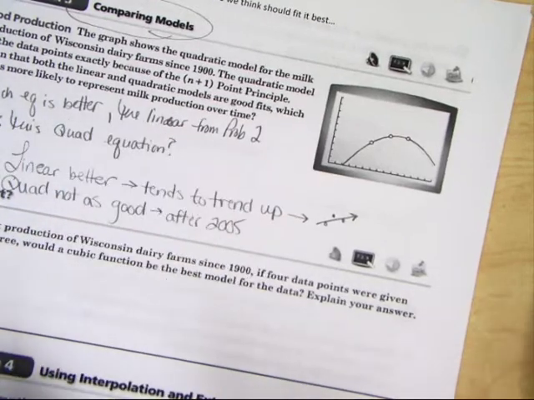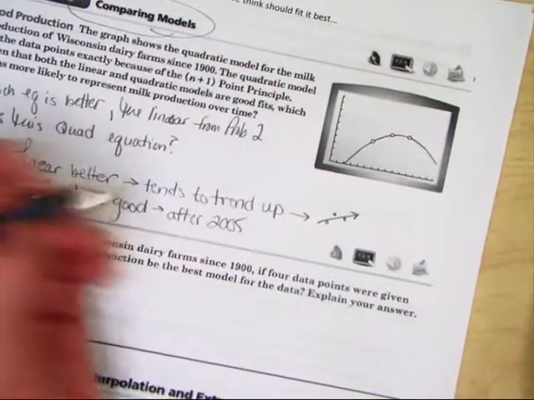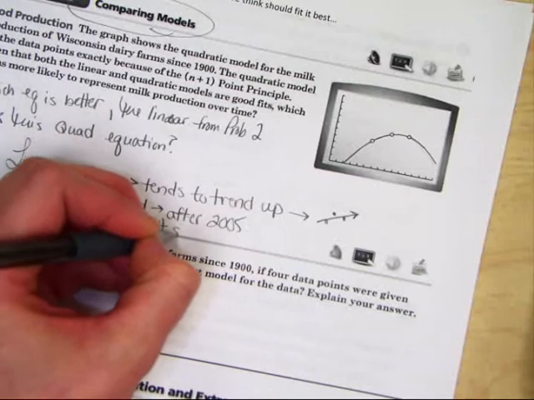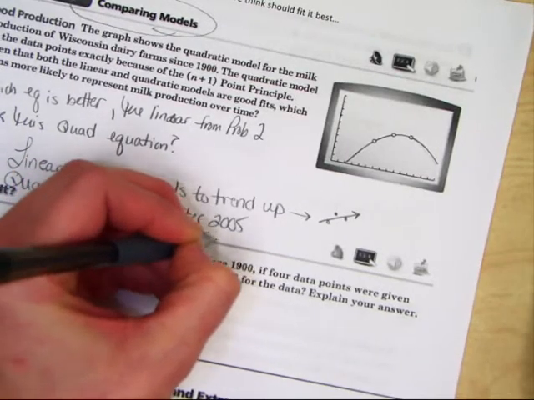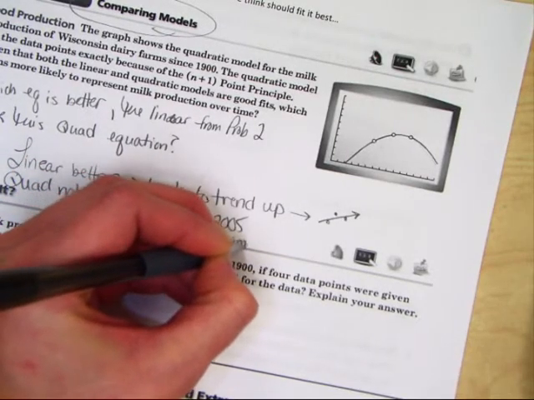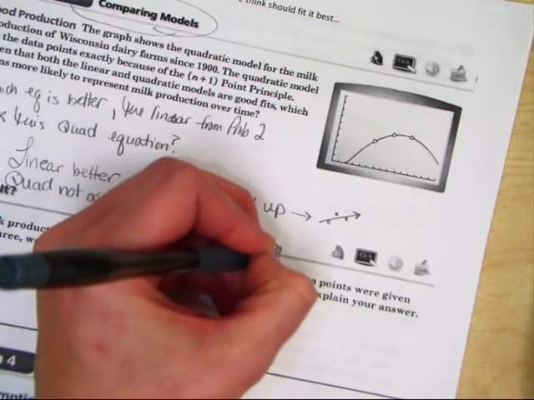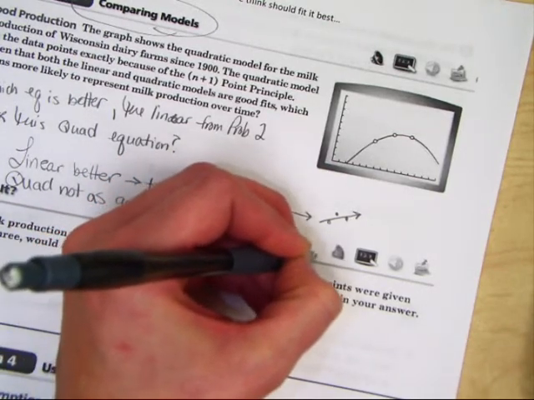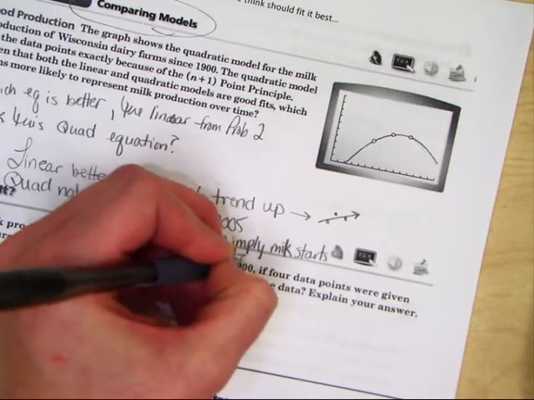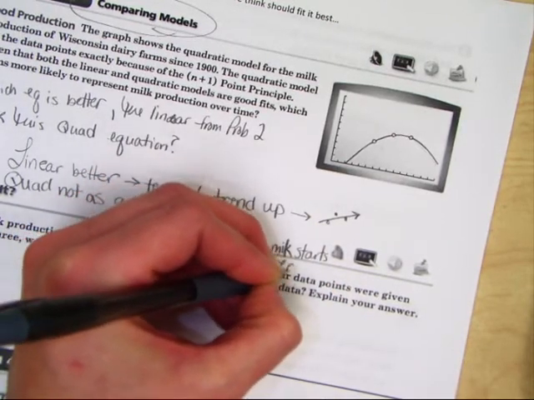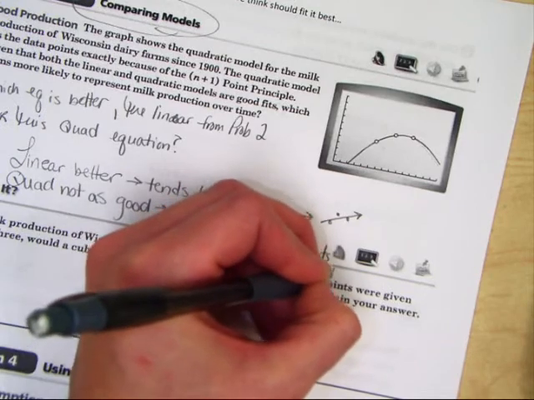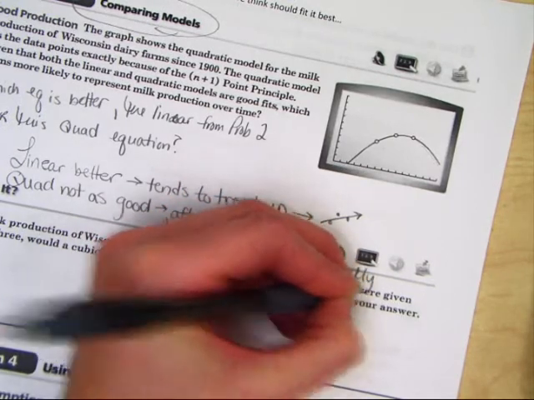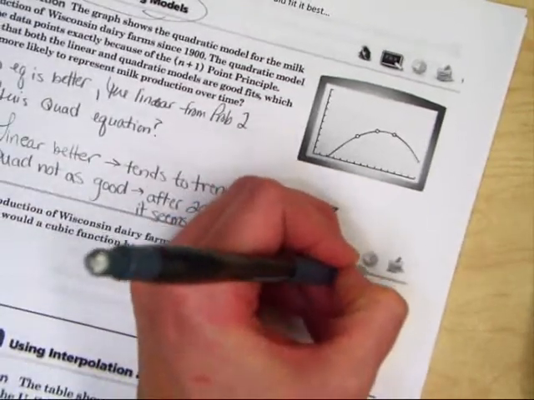They're saying that milk really starts to take a decrease. It seems to imply that milk starts to decrease quickly. That doesn't make a lot of sense.